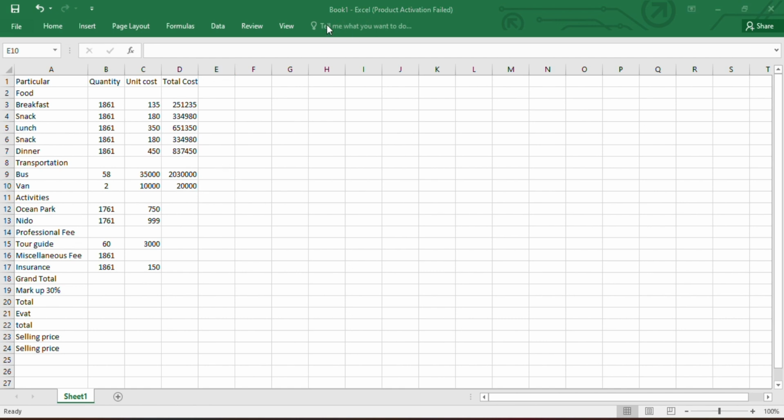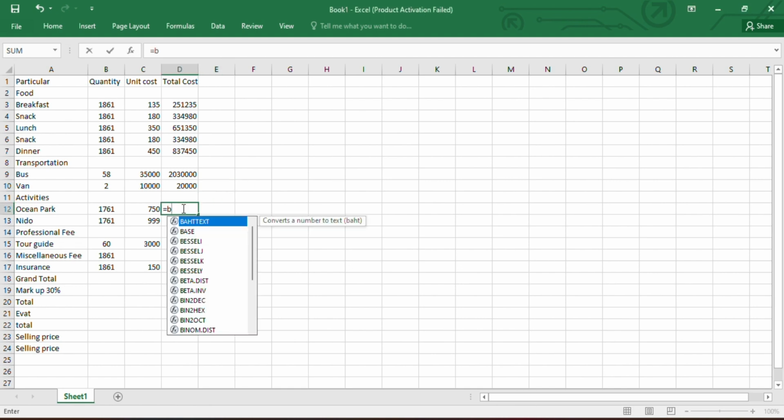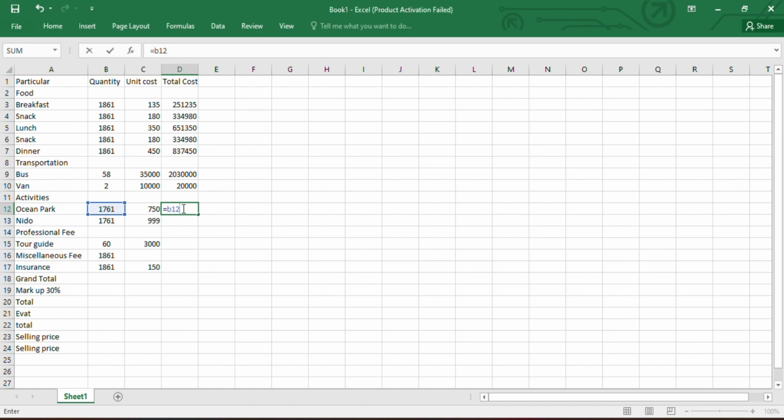So you're going to multiply equals to B12 times C12, and then you'll get the answer. Also the same for our professional fee.